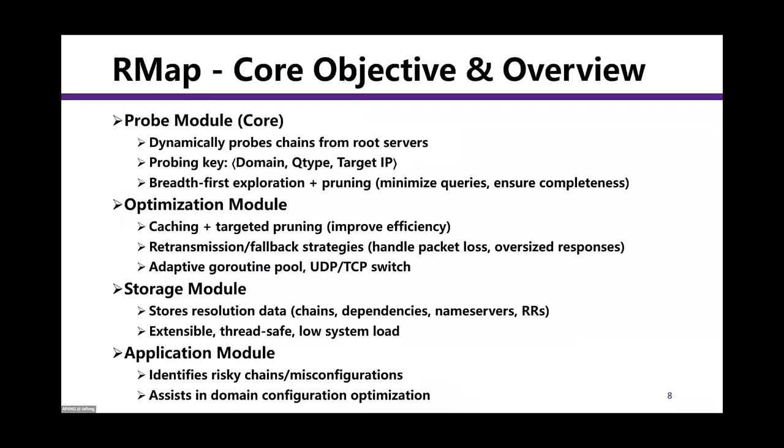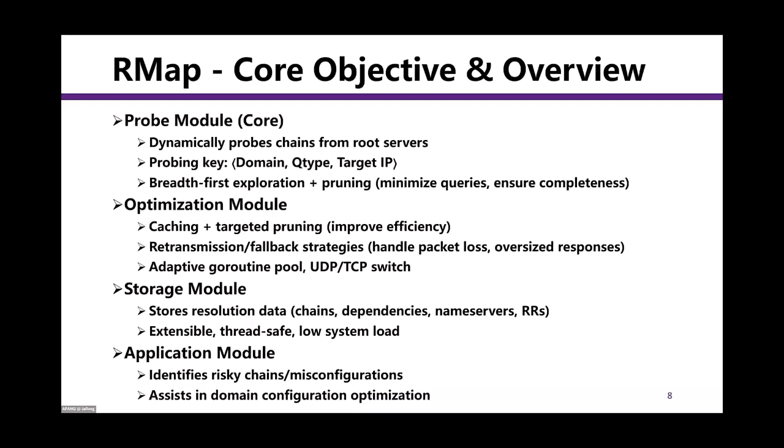We adopt a modular design to ensure high scalability. RMAP consists of four main modules: the probe module, optimization module, storage module, and application module. The probe module is the core of RMAP.